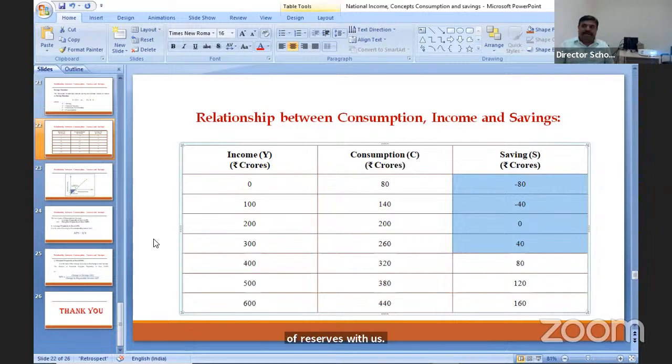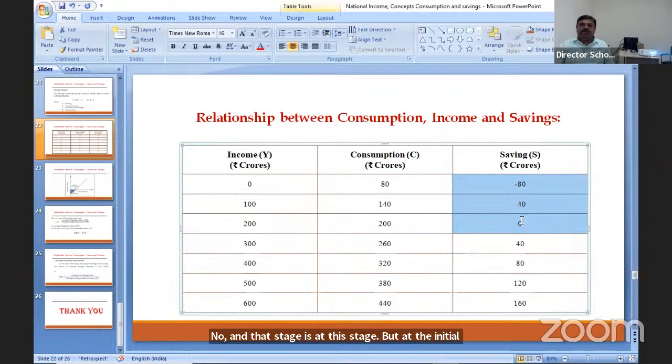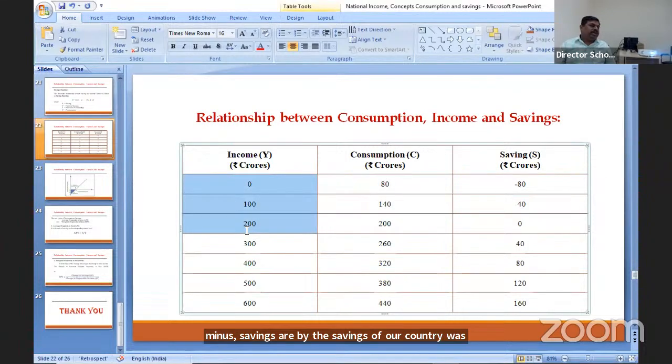But at the initial stage, in 1947, the savings of our country were minus because the consumption was more than our income.